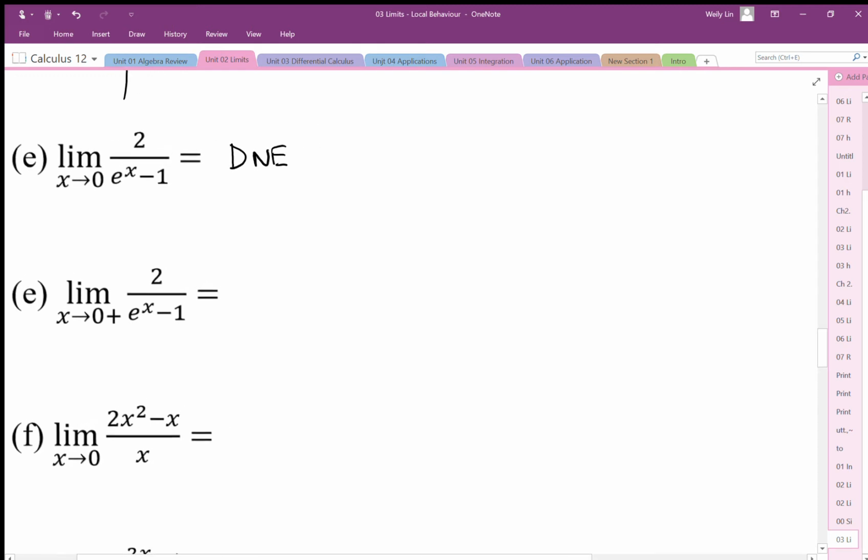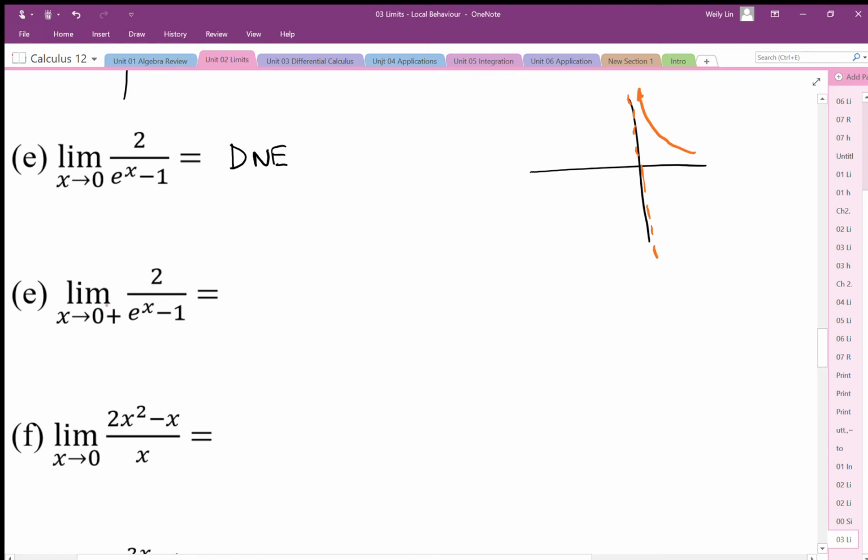Okay, so we should start thinking about what these graphs look like. There is a vertical asymptote at 0. At x equals 0, we're going to be dividing by 0. And from one side, it's going to go up to infinity, and the other side is going to go down.